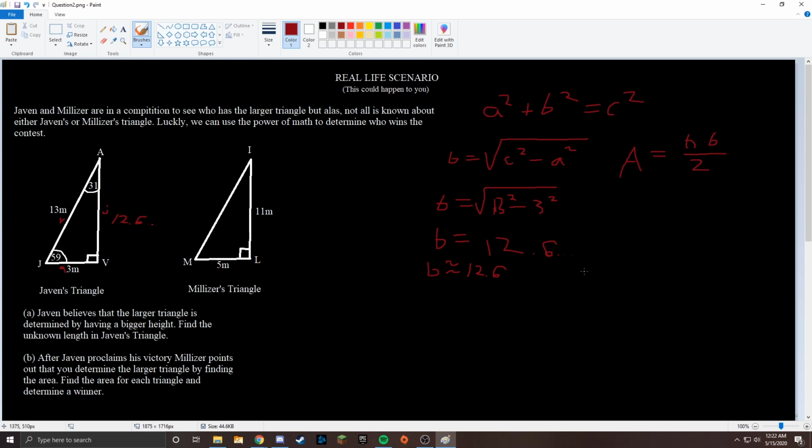First off, Javen's triangle. So area is equal to 12.6, and we're going to want to put in the whole thing, times 3.